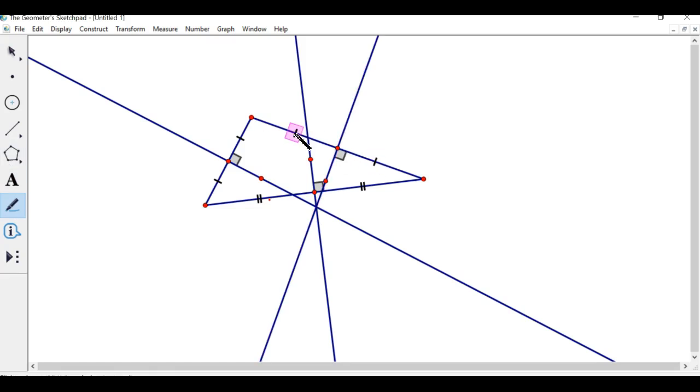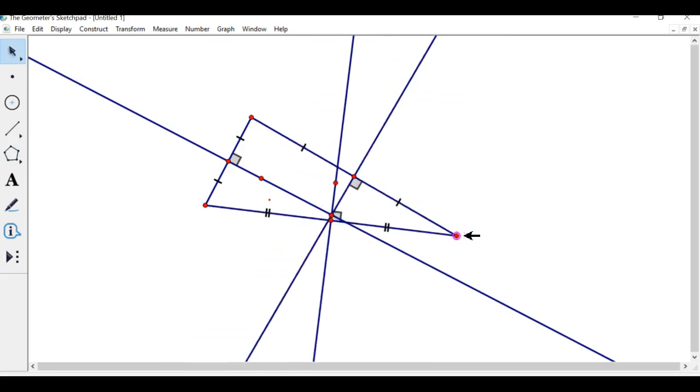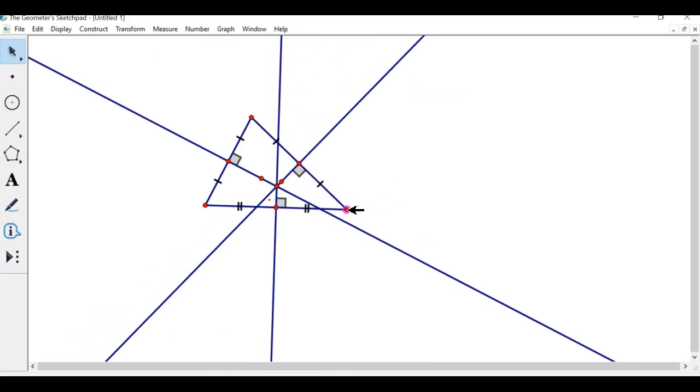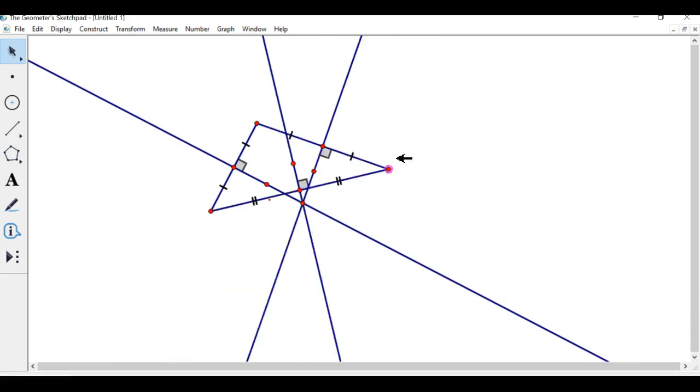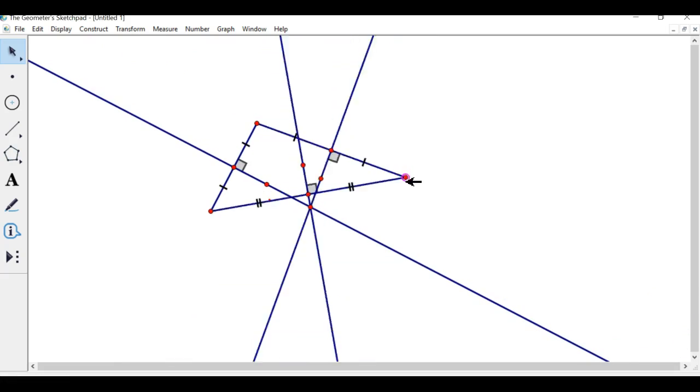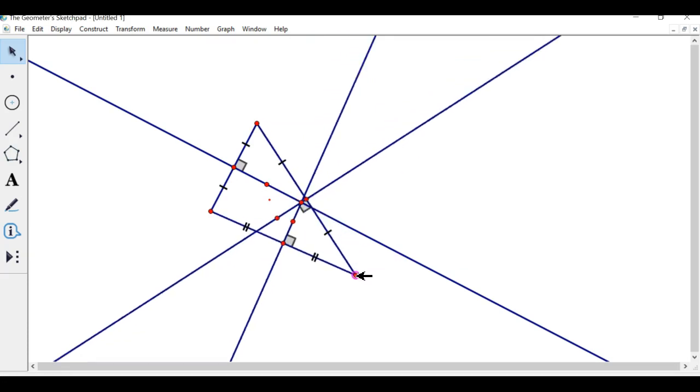Now you'll note that the point where they all line up happened to land outside. If I drag this point and make this an acute triangle, the point where they all line up lies on the inside. If I make it an obtuse triangle, the point lies on the outside. So let's bring it into the inside.